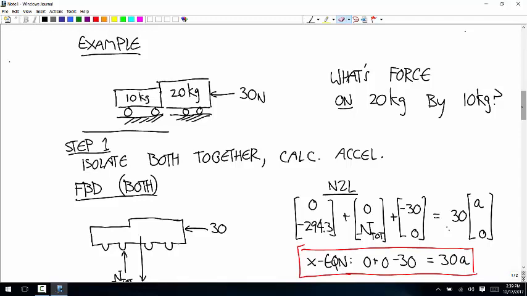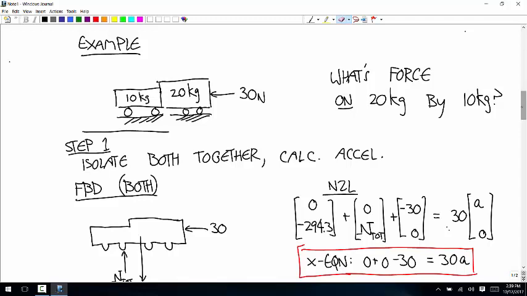It turns out that one of the big laws that we're going to study in a little while says that if this is applying a force of 10 newtons that way, this has to be applying a force to that one of 10 this way. So that's a fact that we'll spend a lot of time on.